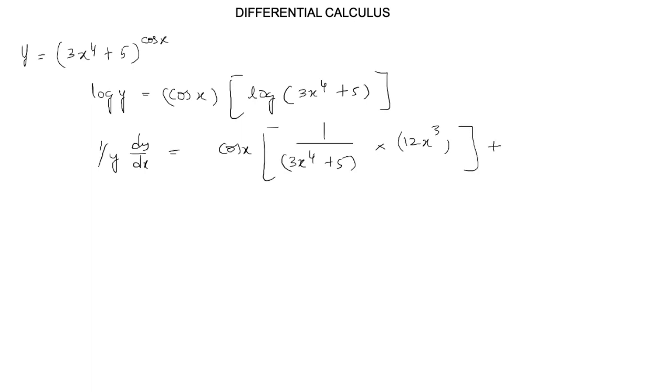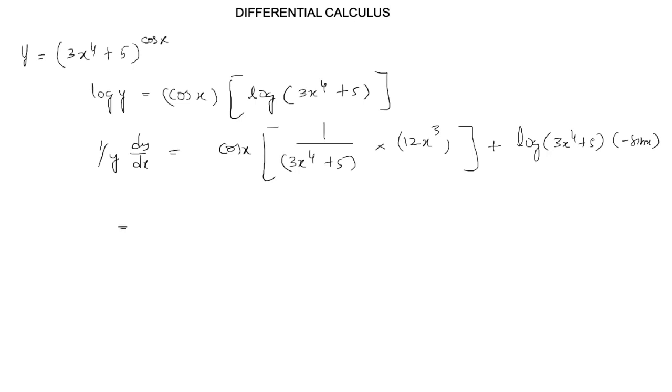Close the brackets, and plus log of 3x to the power 4 plus 5, and differentiation of cos x is minus sin x.